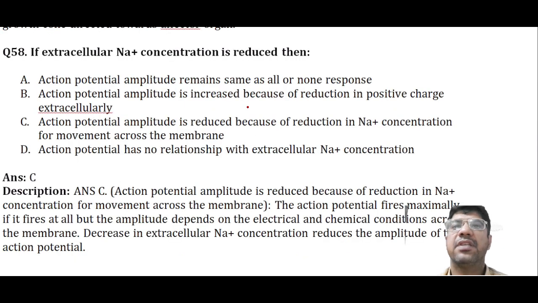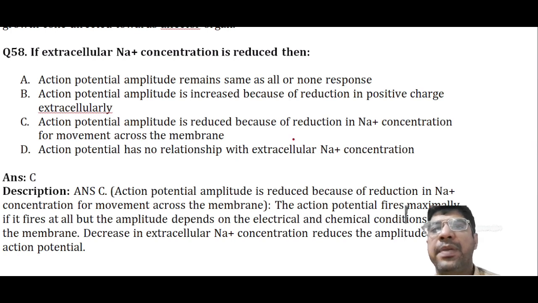If the extracellular sodium concentration is reduced, then the action potential, we know, is the signal that allows nerves to communicate with each other. These action potentials have a characteristic amplitude, that is essentially the size of the electric signal.